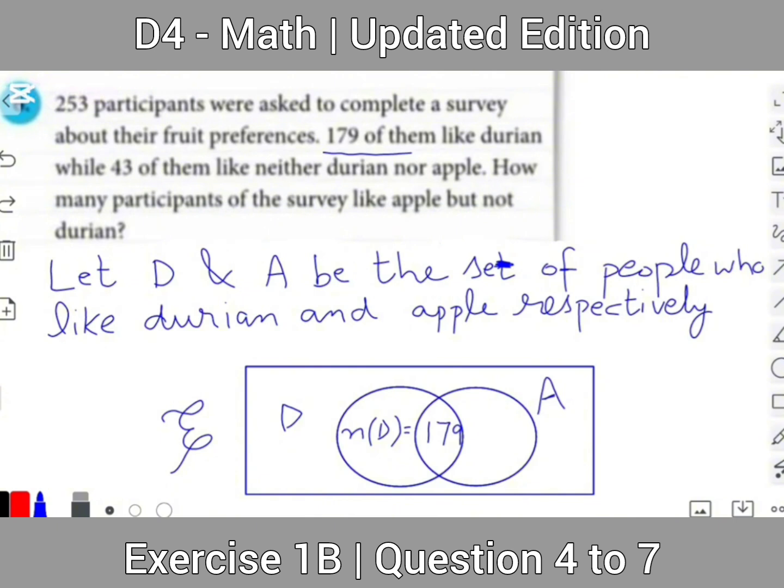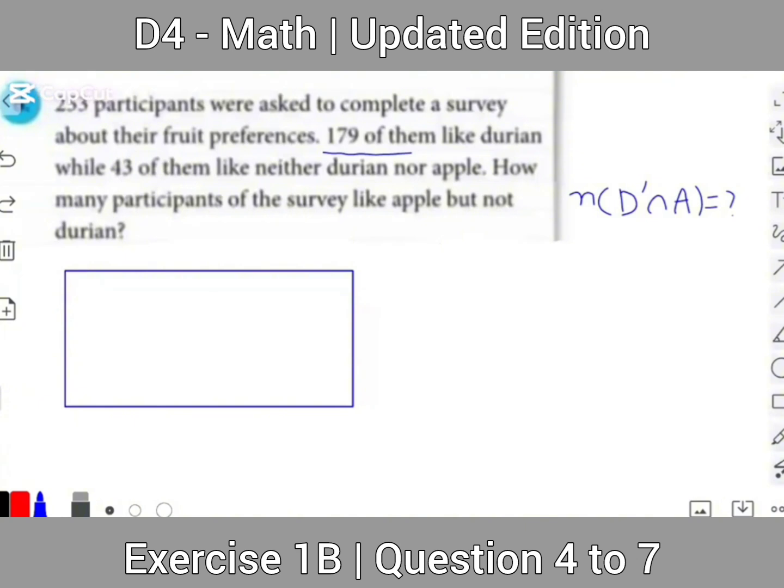Since we have to find the number of people who like only apple but not durian, mathematically we will write D complement intersection A. So we have to find the number of elements in the set D complement intersection A. To find this with the help of a Venn diagram, we will draw a rectangle and draw two overlapping circles inside it that represent the sets D and A respectively.